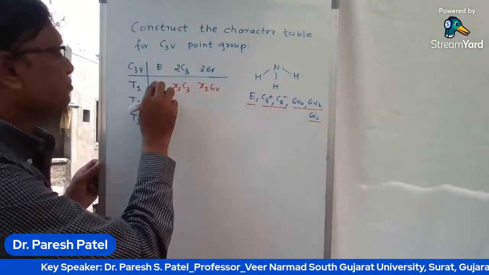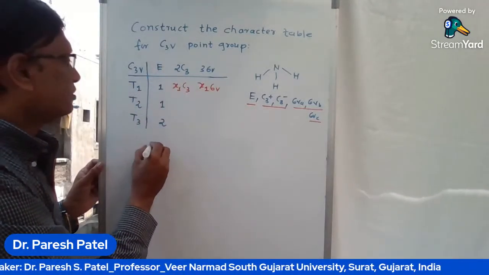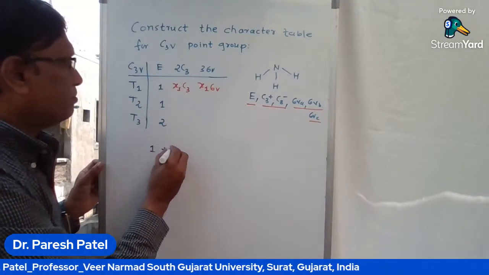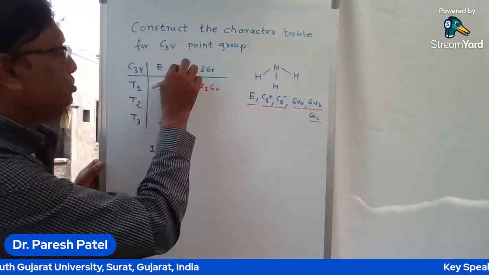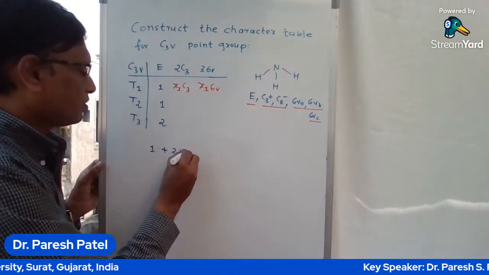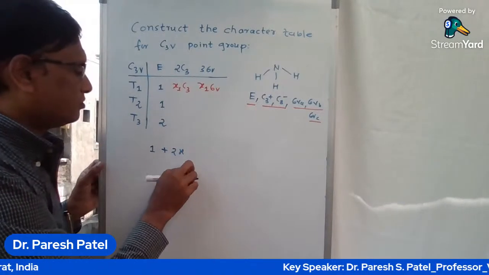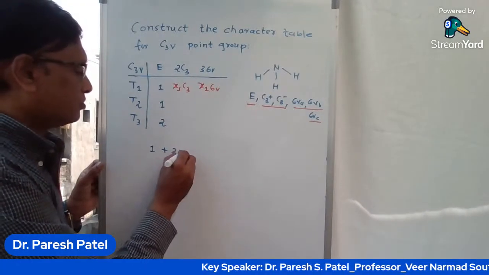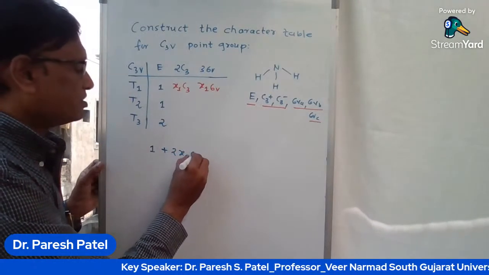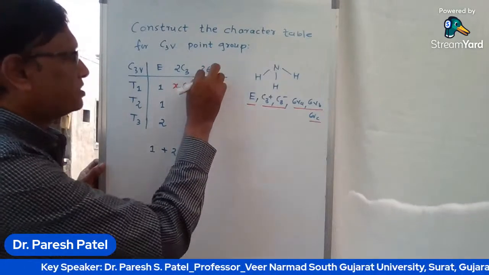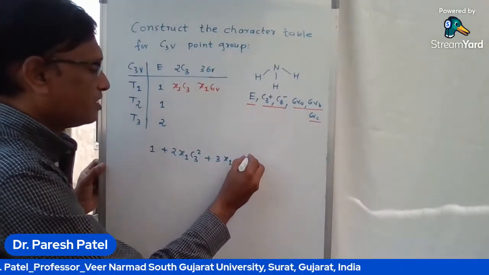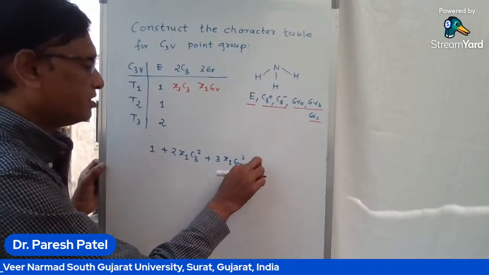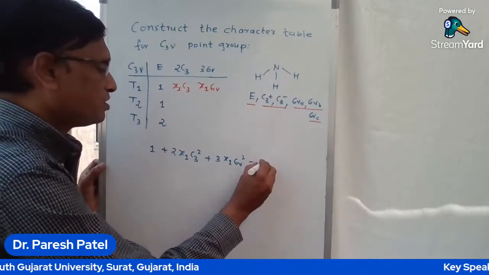So 1 into 1 square plus 2 into character 1 C3 square plus 3 into character 1 sigma V square is equal to the order of a group, which is 6.